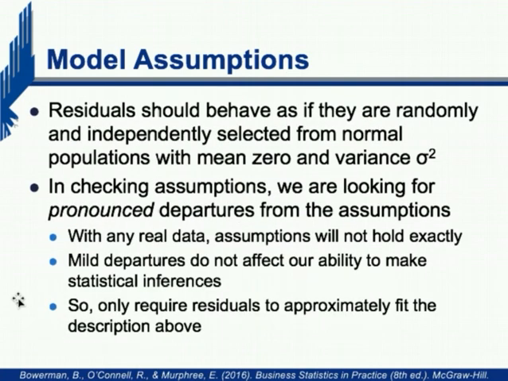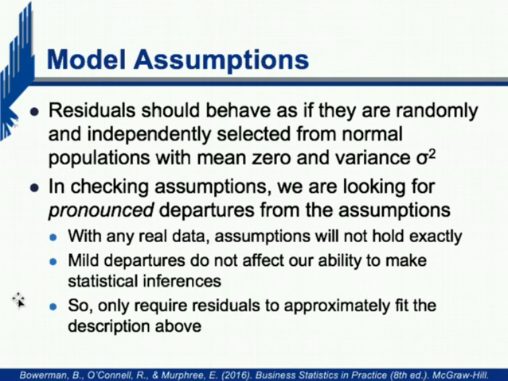Now, in order to check if the assumptions are satisfied or not, there are multiple graphs and multiple tables that we can look at. Residuals should behave as if they are randomly, independently selected from normal populations with mean 0 and variance sigma squared.